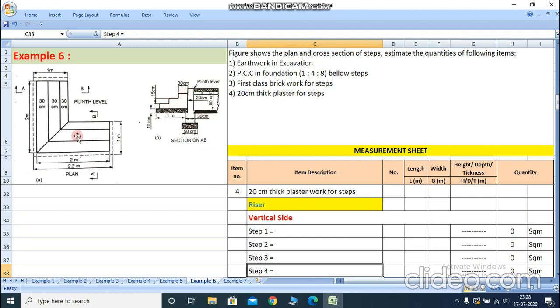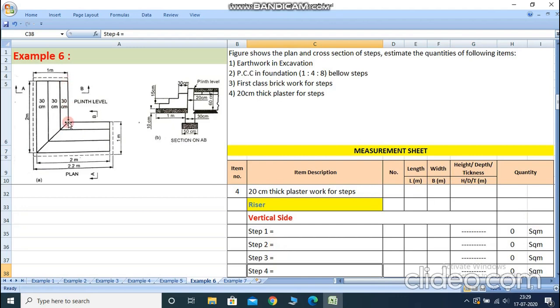So here we calculate first the riser side, means this side. For the vertical side, from this point to this point, second is this, third and fourth. So here 4 steps: step 1, step 2, 3 and 4. So here 4 steps are already given.